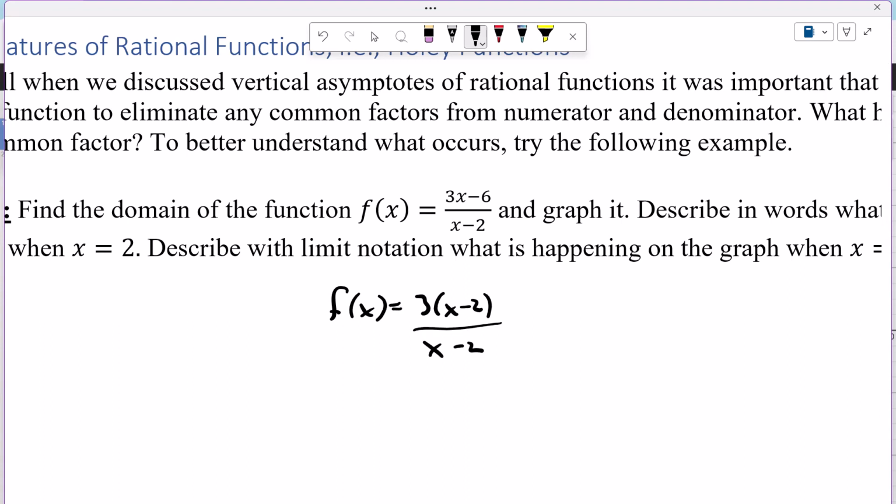Anything cancel? Yeah, these cancel. Which means there is a hole at (2, 3). How do you know it's 3? Because everything else is 3.